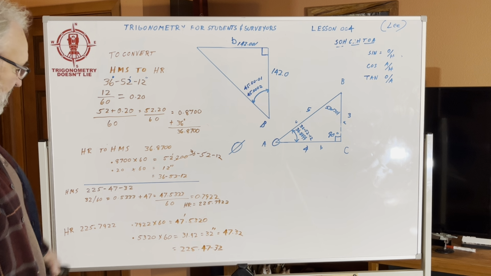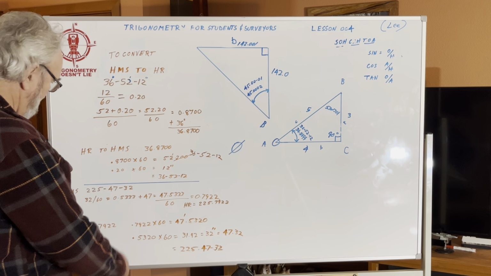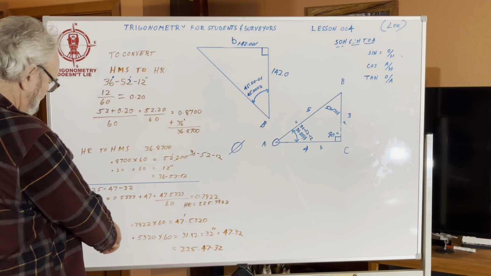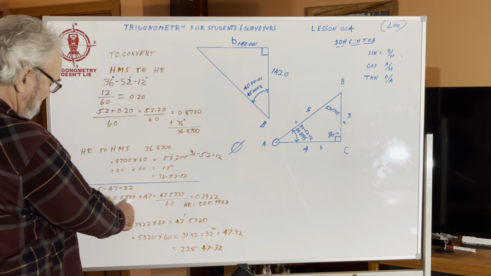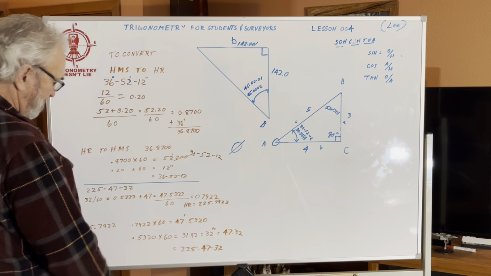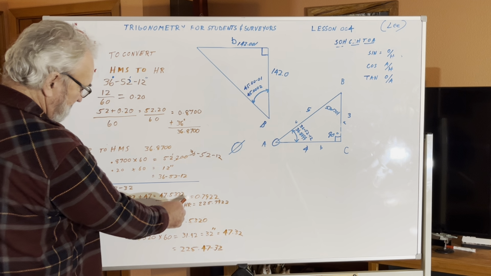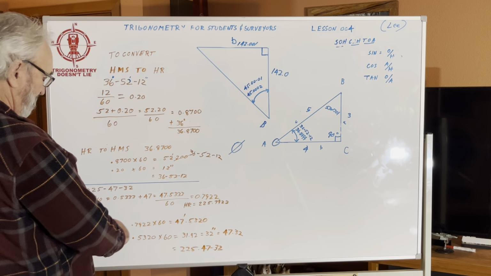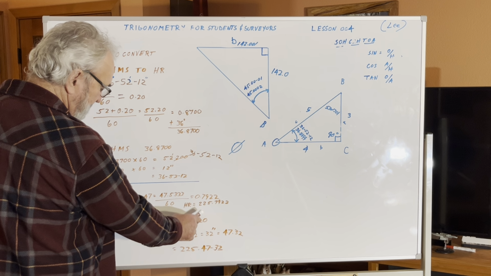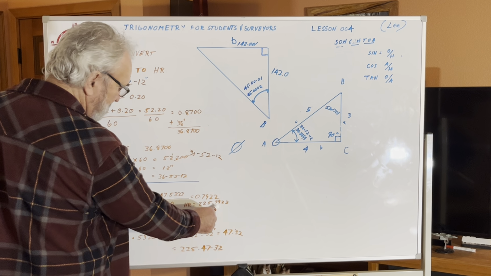We'll do the same thing over here one more time. 225, 47, 32. We take 32 divided by 60, which is 0.533. Add that to the 47, and 47.533 over 60 is 0.7922. Now our decimal degree is 225.7922.